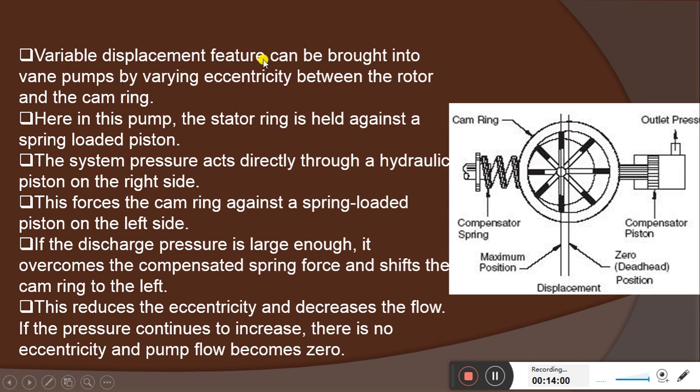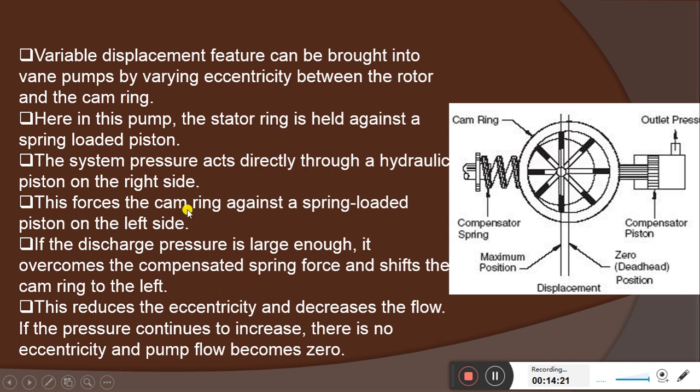Variable displacement feature can be brought into the vane pump by varying the eccentricity between the rotor and the cam ring. We are mainly concentrating on the eccentricity variation. Here in this pump, the stator ring is held against a spring-loaded piston. The system pressure acts directly through the hydraulic piston on the right side.